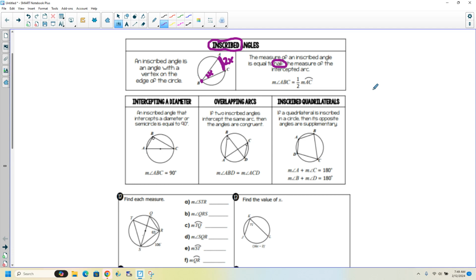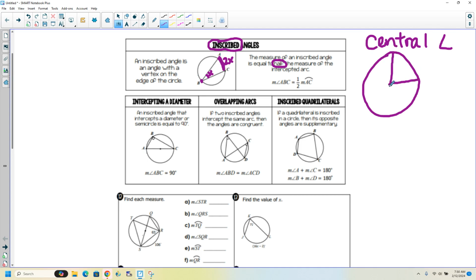In addition to that, we still need to remember central angles. You've got this tab, I'm just writing it here so I have it. A central angle looks more like this with its vertex at the center, and a central angle always equals its intercepted arc.